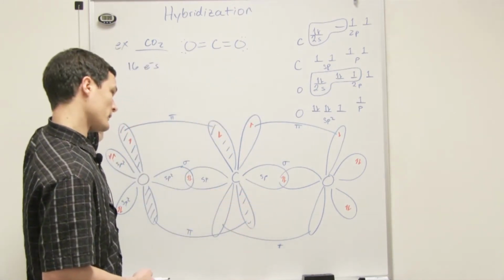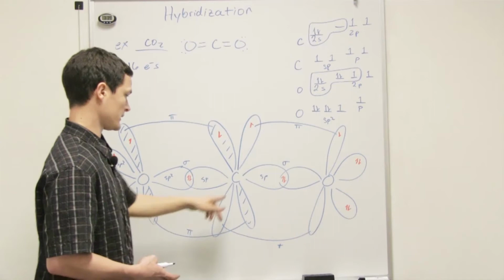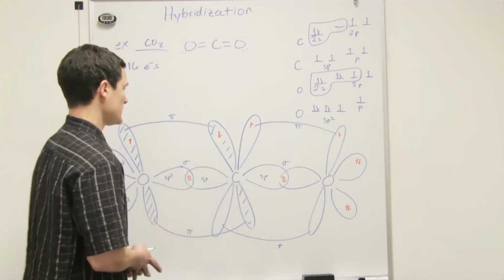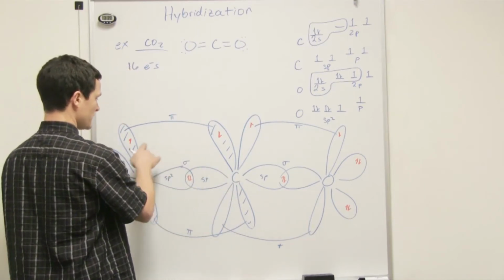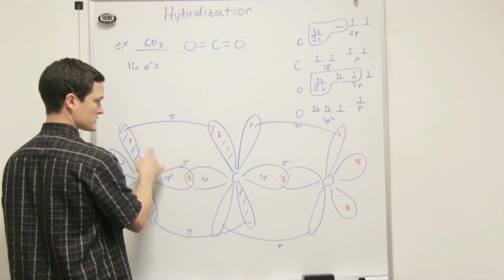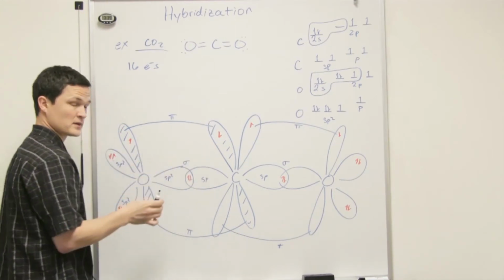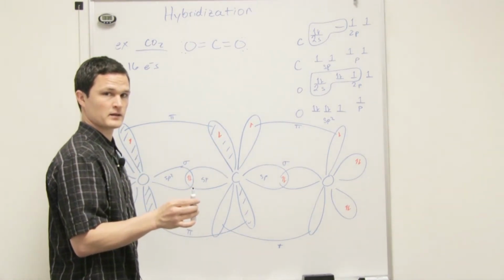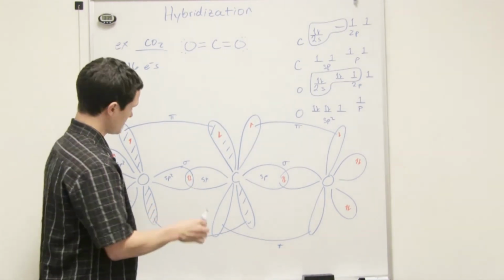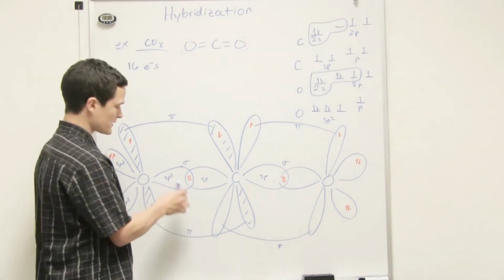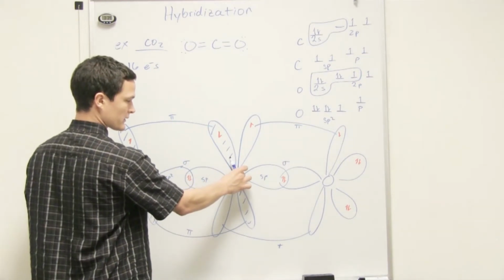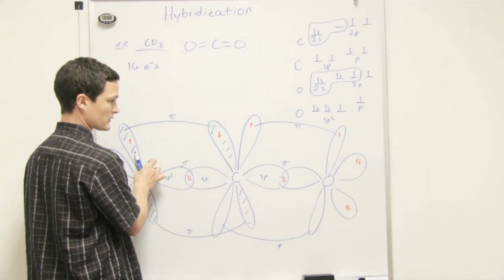We have 2 p orbitals on the carbon. Each one is participating with one of the oxygens, and they have to be parallel on the atom that they bond with. The way that we say that is that they're parallel or coplanar. They're in the same plane and they're parallel.